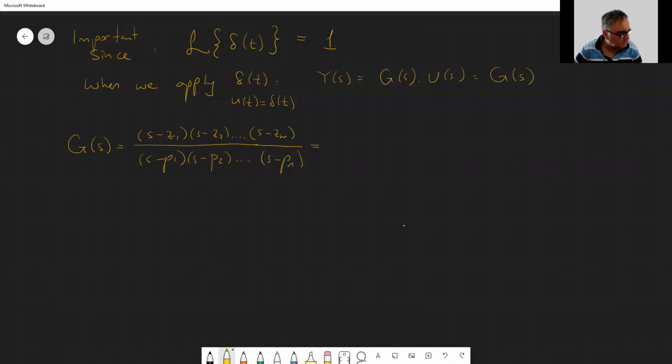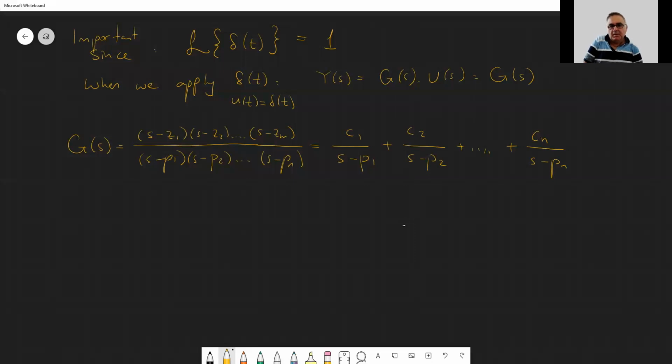Now we can express this with partial fractions like c1 over s minus p1 plus c2 over s minus p2 and so on, like this.